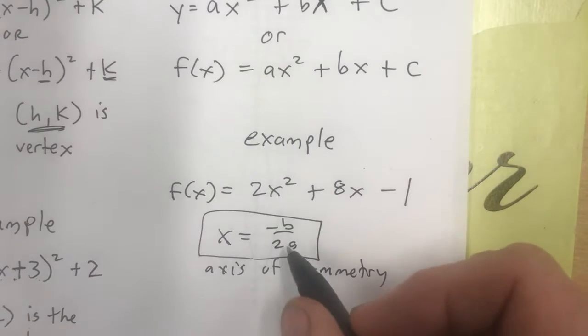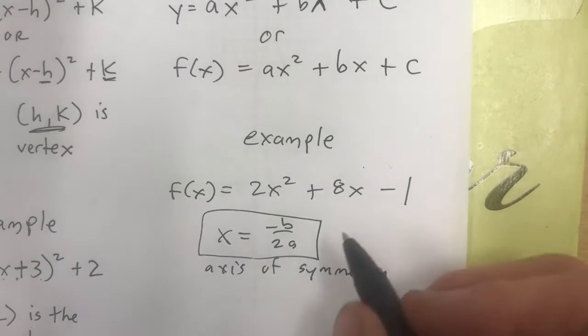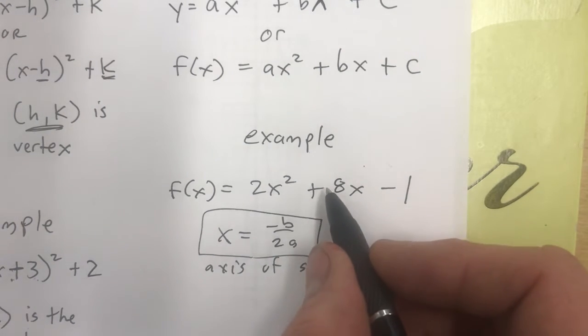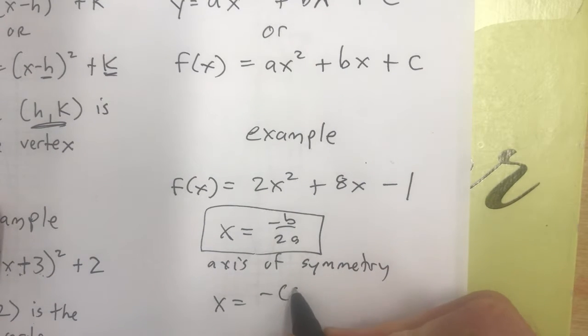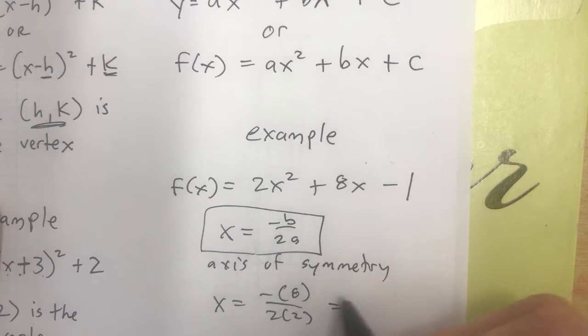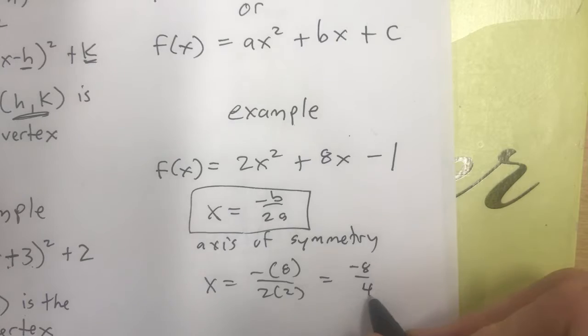Once you find that value, you can plug it in and find the y value, and those two values would be your vertex. For instance, in this one, my b is 8 and my a is 2. So x would be -8 divided by 2 times 2, which would be -8 on top, and there would be a 4 down there.